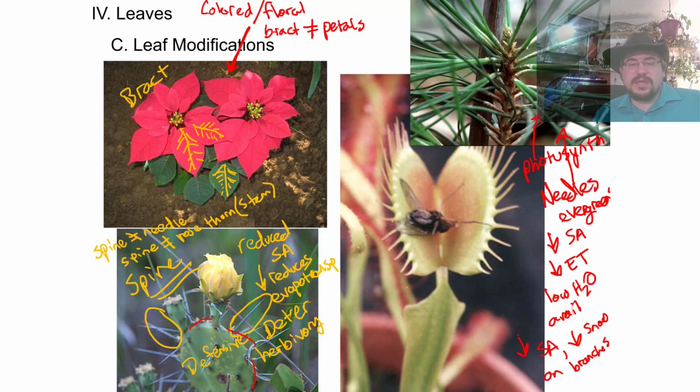These little extensions will actually interlace and completely trap the little bug in there, and then it will digest it there. So you find Venus flytraps in acidic swamps because a lot of acidic swamps are nitrate deficient, nitrogen deficient. Whatever, Venus flytrap.